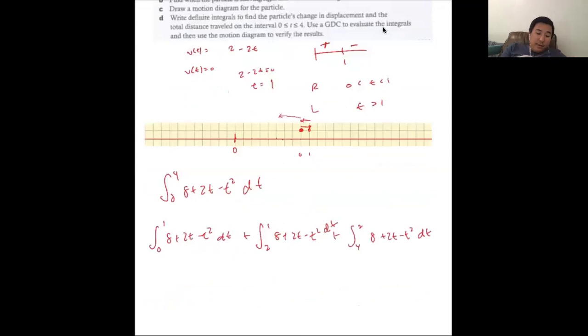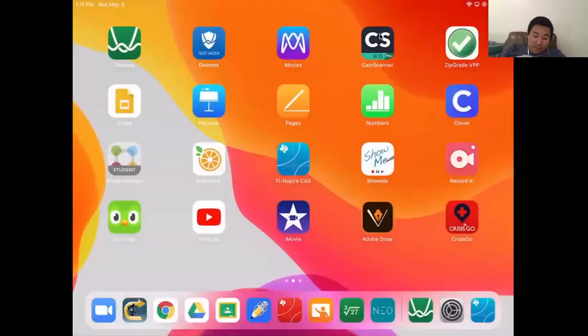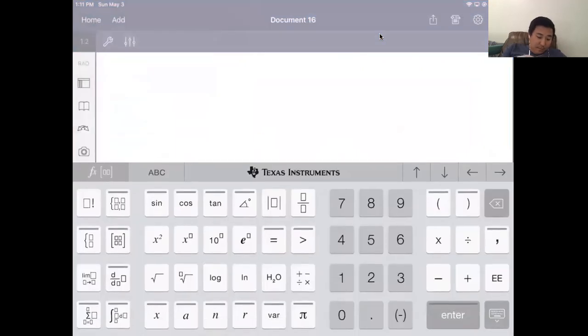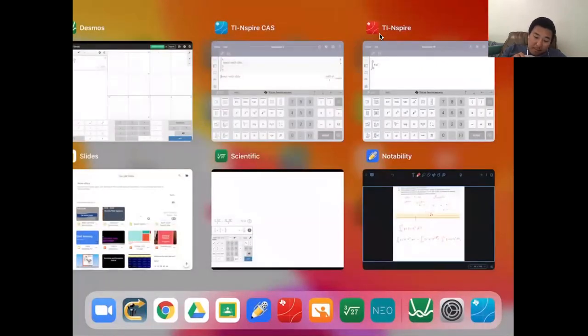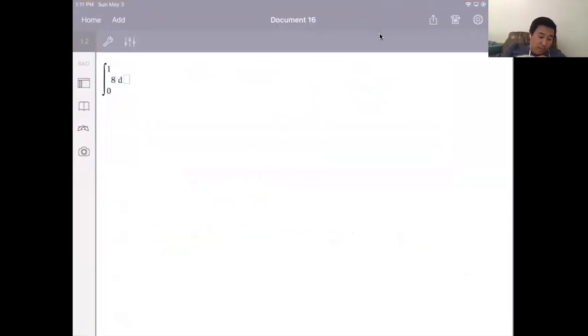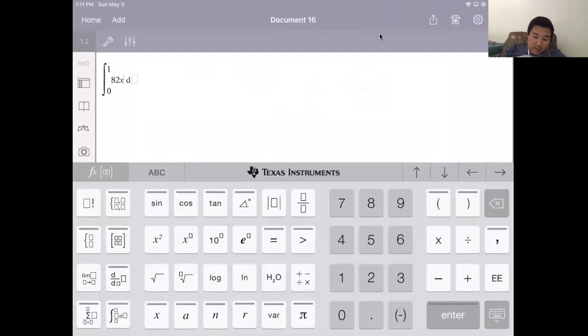And you type this in your calculators and you get your responses. 0 to 1, I think it was 8 plus 2t minus t squared, plus 2x minus x squared.